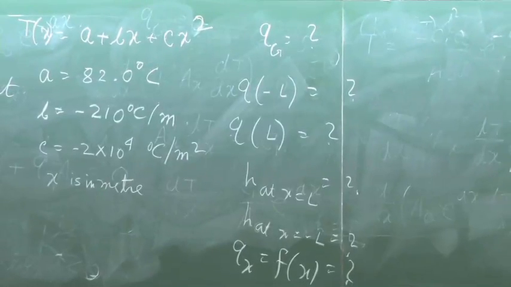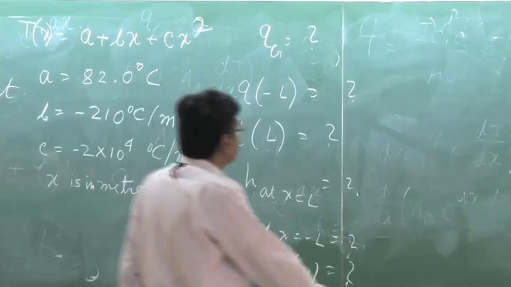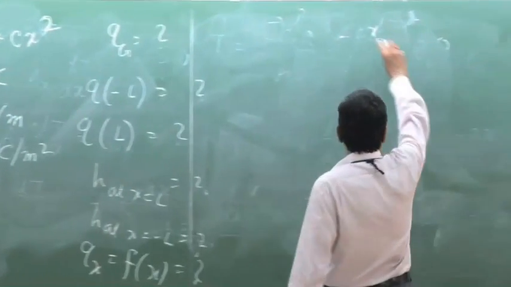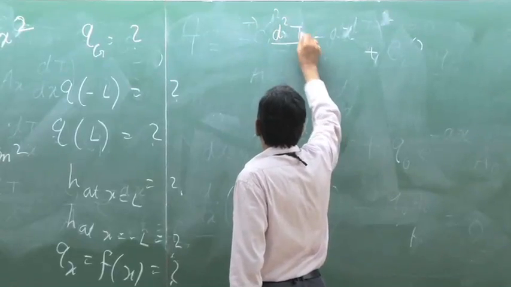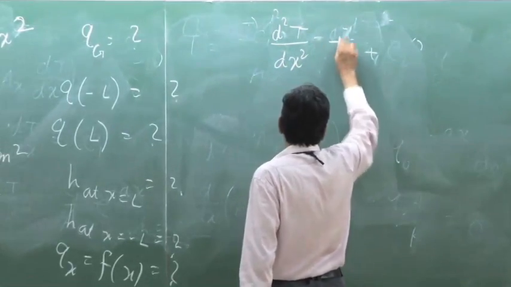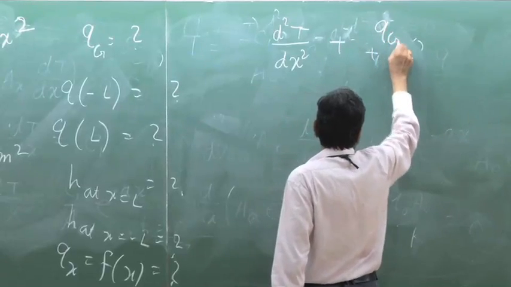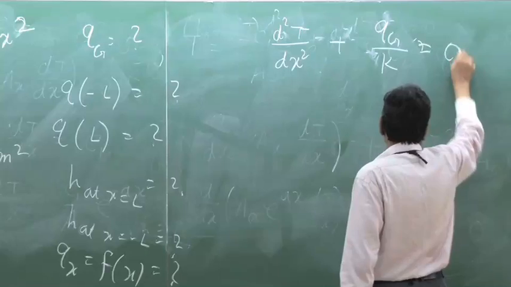Please tell me. We will start from this simple equation, d square T by dx square plus Qg by K equals zero. This is a plane area.